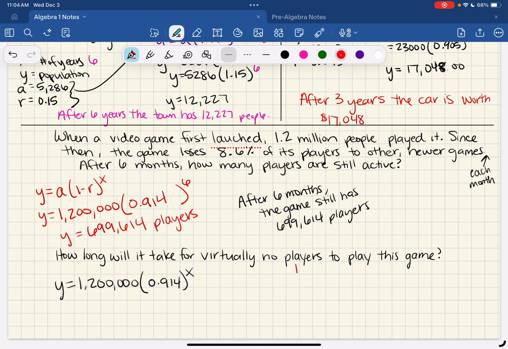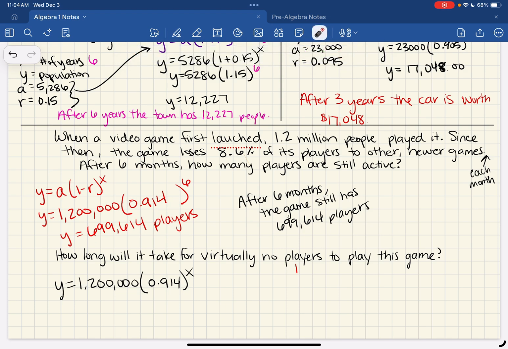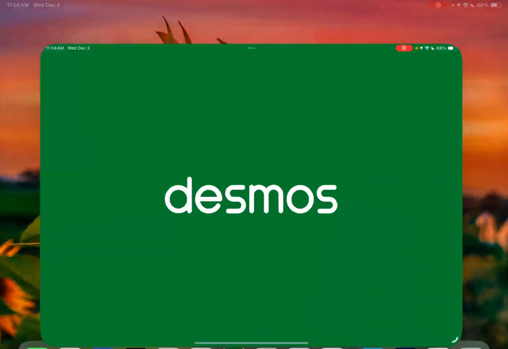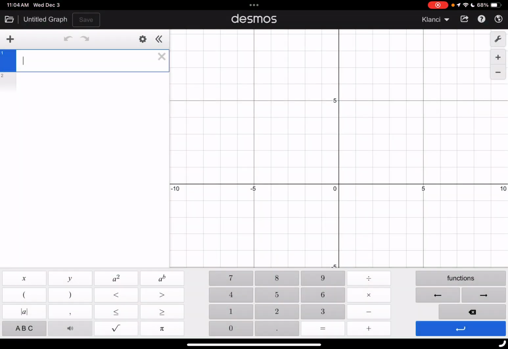But is this going to be my x or my y? X is my time, which is 6 months or however many months it is. So my y is my players. So what I want you guys to do, if it ever asks you to find a y value for this, we are going to graph this. I'm going to use Desmos. And we're going to type in our equation.